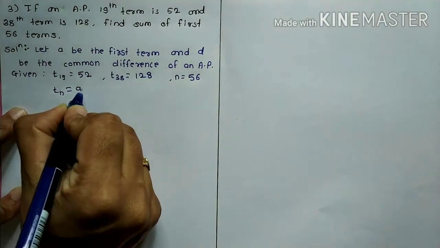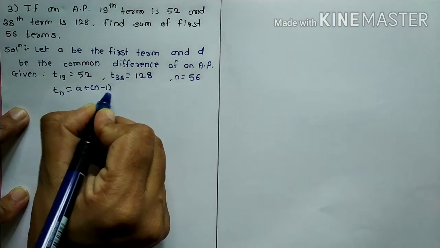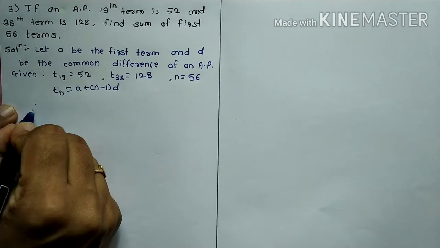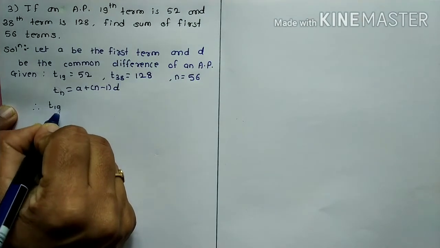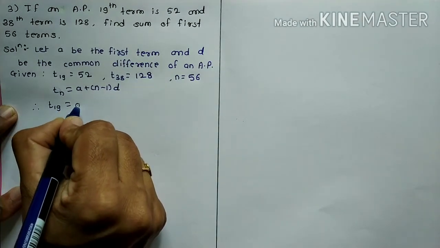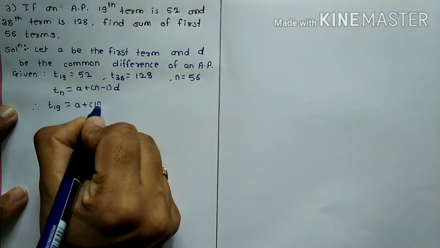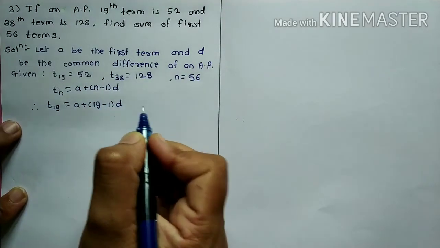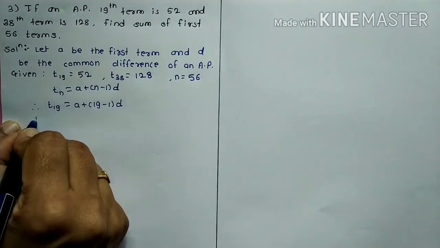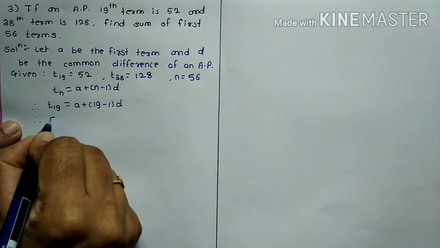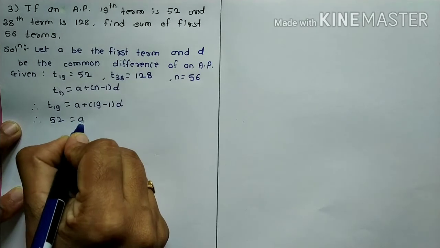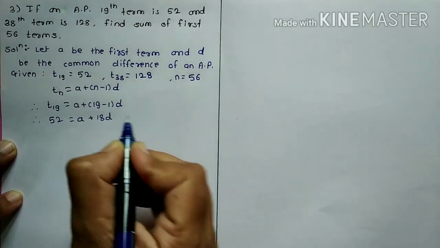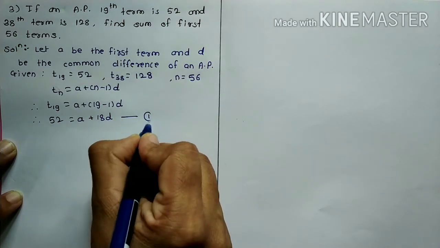Tn is A plus n minus 1 into D. Therefore T19 equals A plus 19 minus 1 into D. That is, T19 is 52 equal to A plus 18D. This is equation number 1.